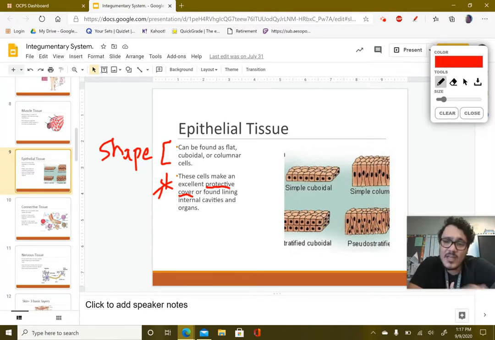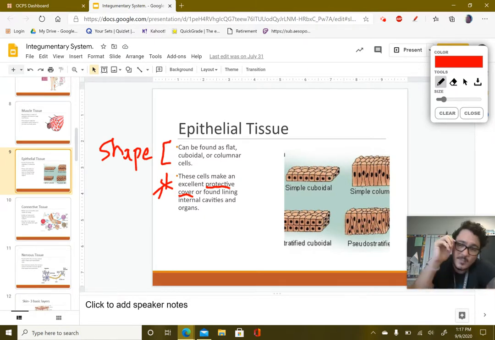So interestingly enough, like the outer lining of the small intestine, which is found in your intestine region, in your lower abdomen area, that tissue is going to be very similar to the tissue that you find on your skin, as far as physiologically speaking.